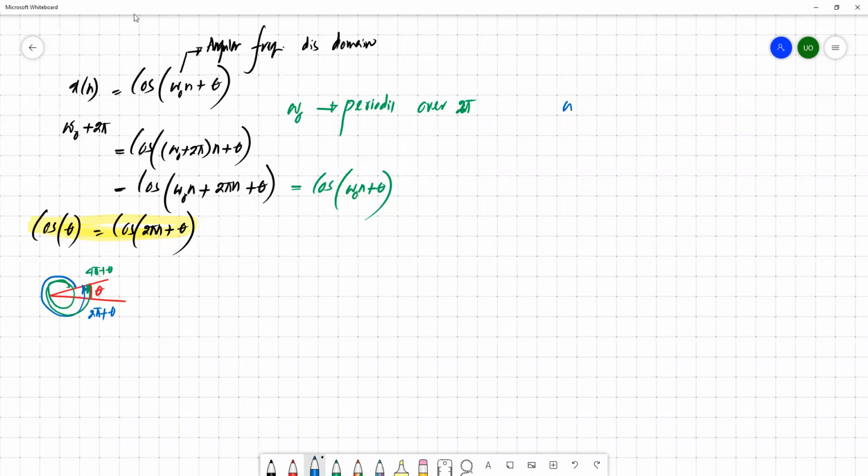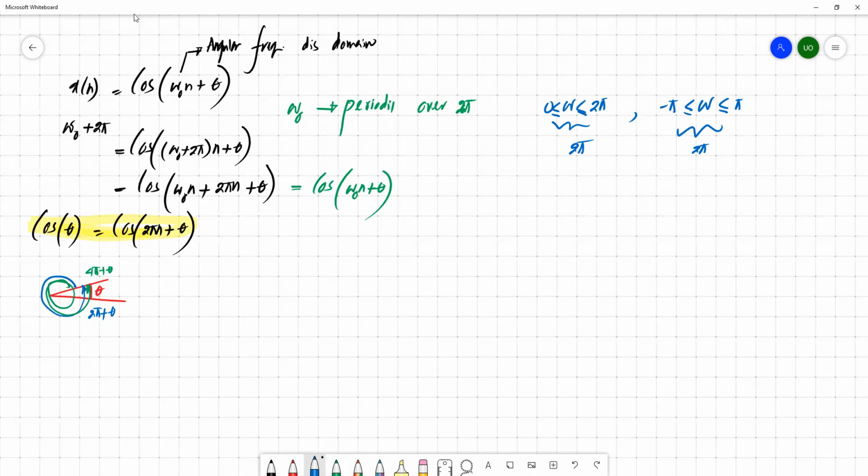Either it may be between 0 and 2π, or else one can define omega to be between +π and -π. Here also the period is 2π, here also the period is 2π.